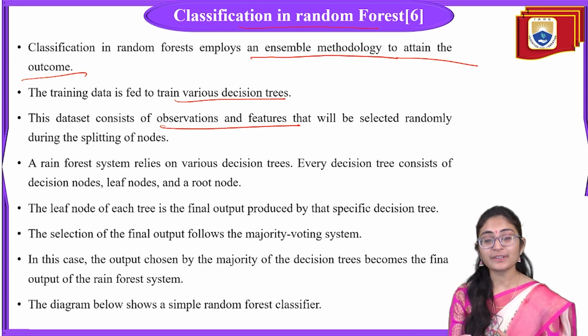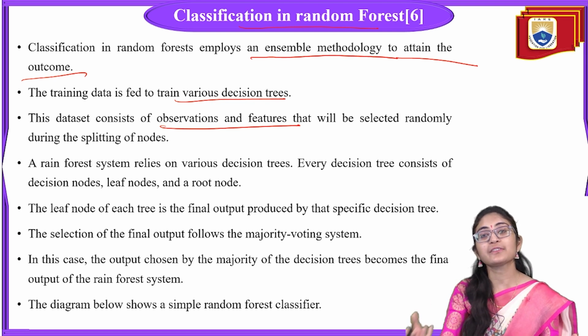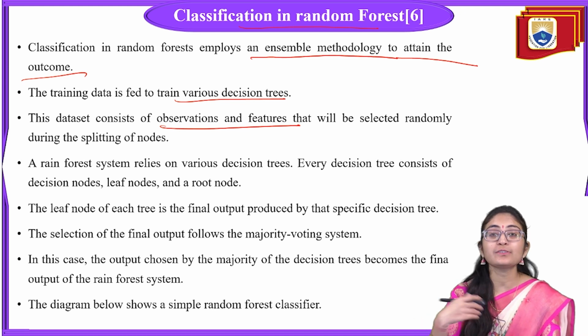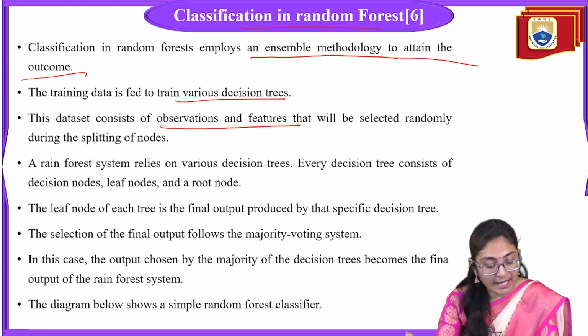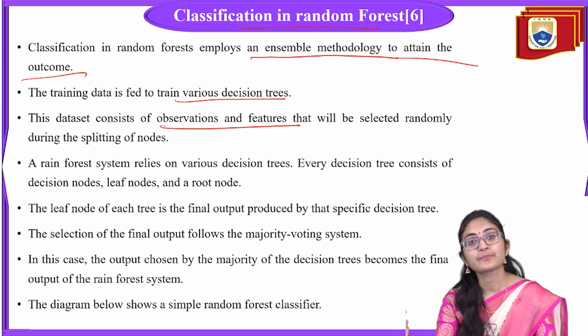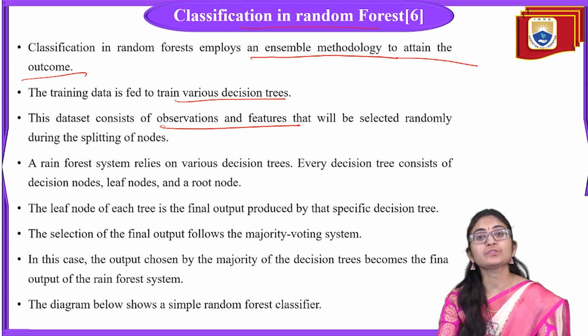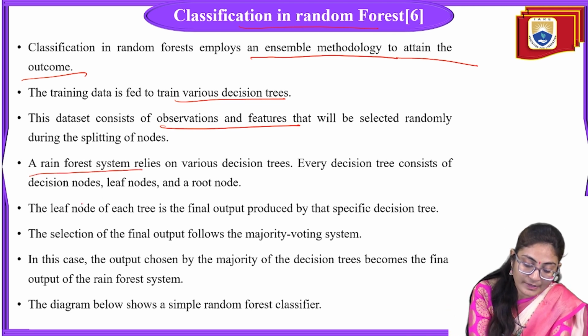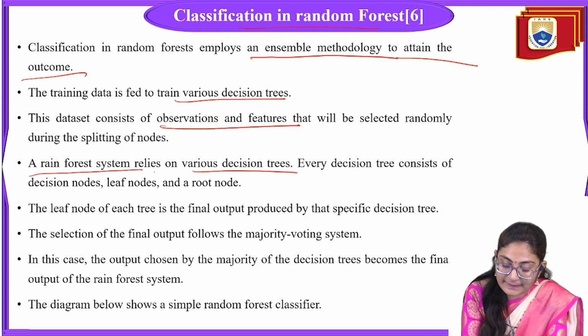That means in classification we will split our nodes and give the training to our data, and the training data is fed to train various decision trees, and the random forest system relies on various decision trees.